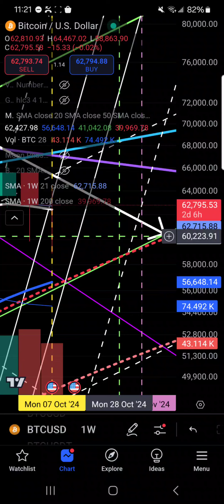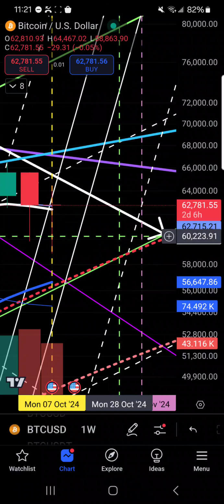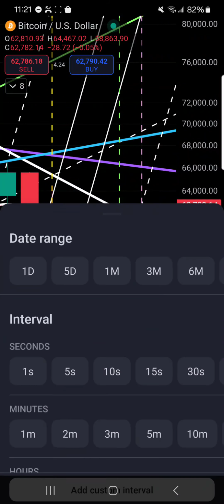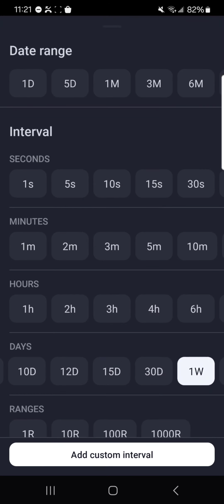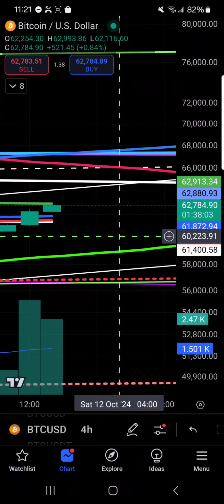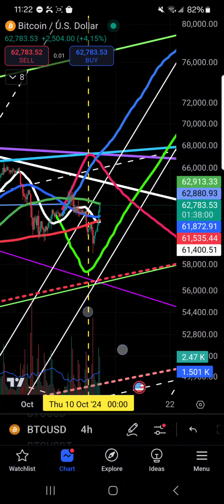FOMC meetings on November 7th. Job data, I'm not sure when that comes out, but sometime that week as well. And thus, if we switch back to, let's go to 4 hours just for the hell of it.